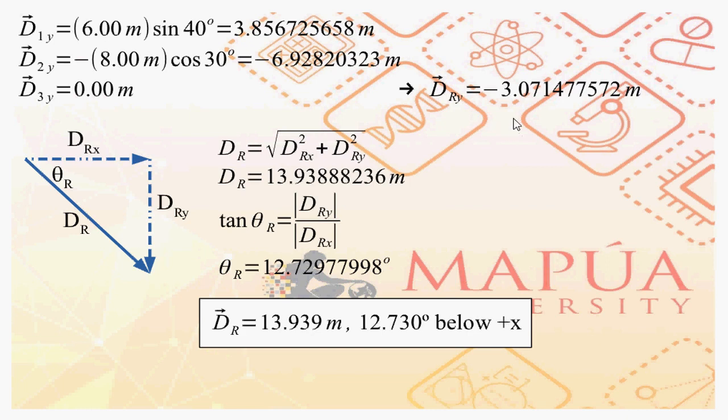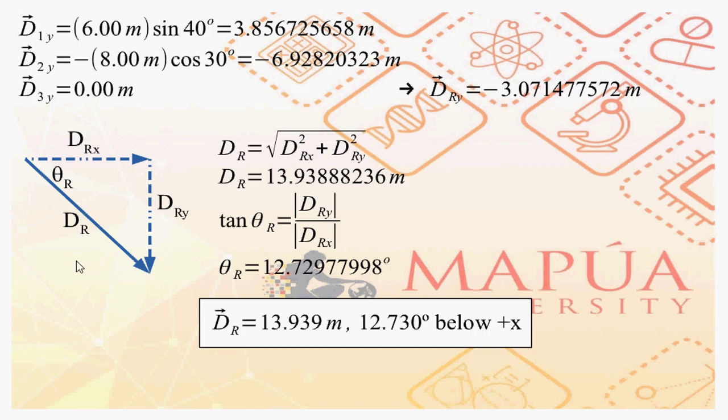If we draw Drx and Dry, Drx is positive, Dry is negative. We complete the right triangle by drawing the hypotenuse. The hypotenuse is our resultant vector, Dr. Dr is hypotenuse.